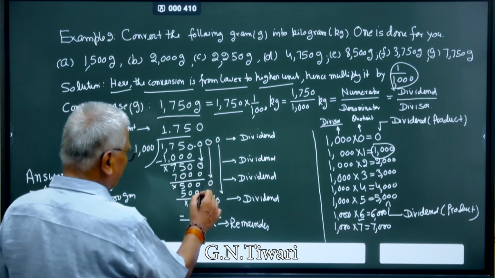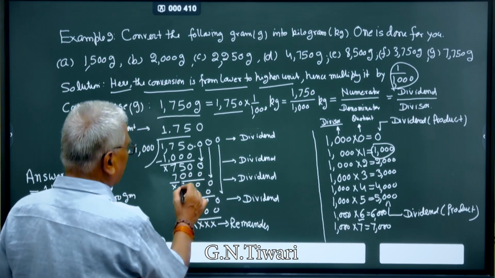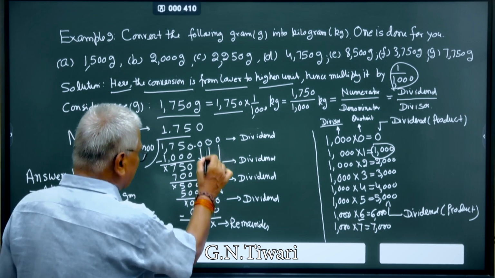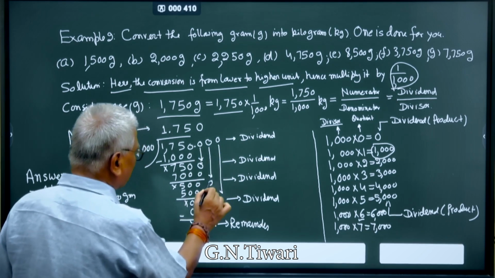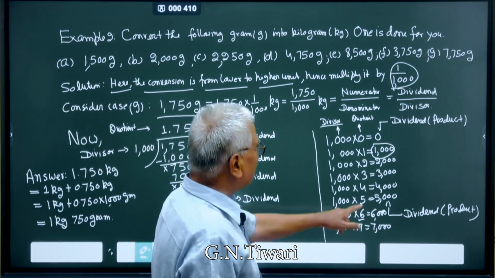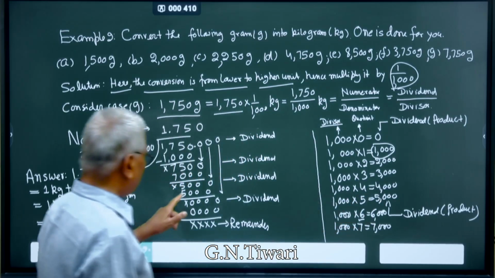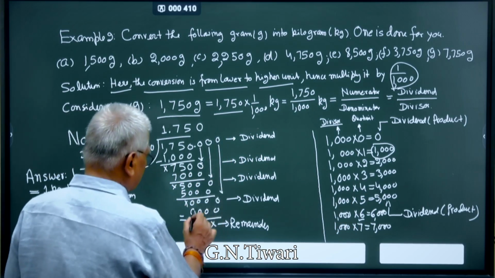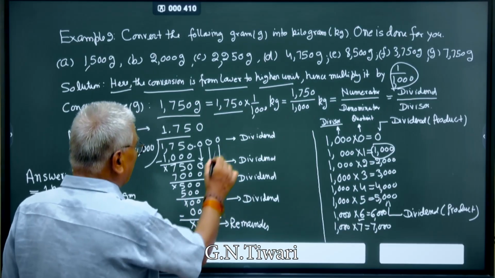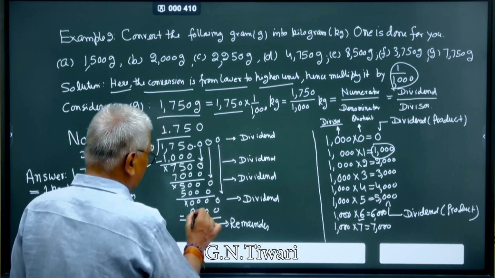Again 0 minus 0, 0 minus 0, 0 again. Just see, again I am bringing down. This is 5000, so here 5 becomes the quotient, and then 5000 minus 5000 is cut. Now again we have to bring down 0.